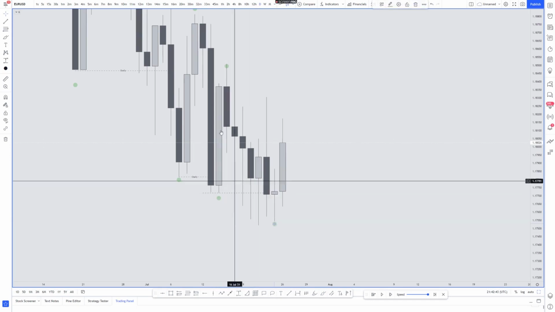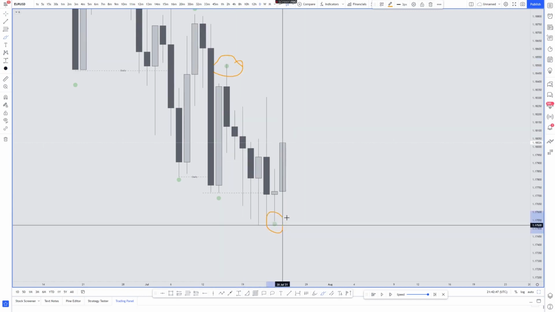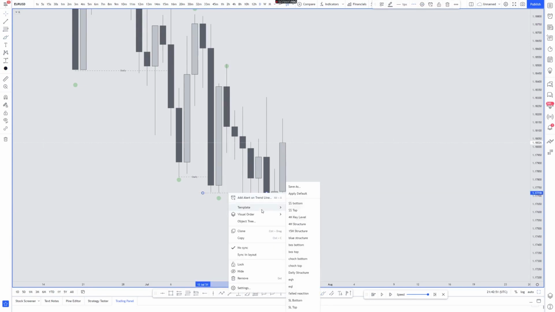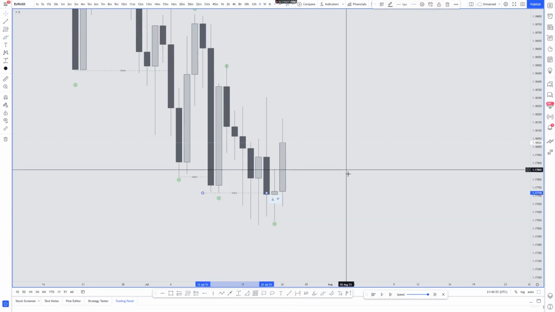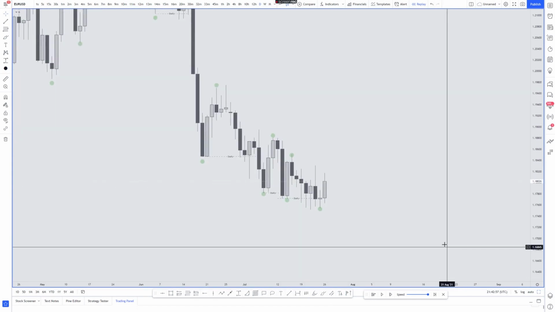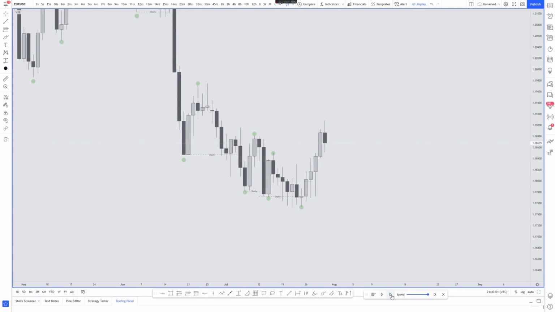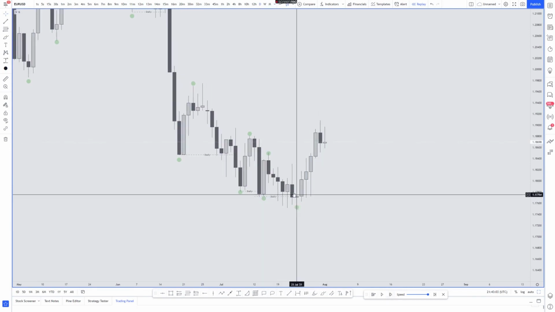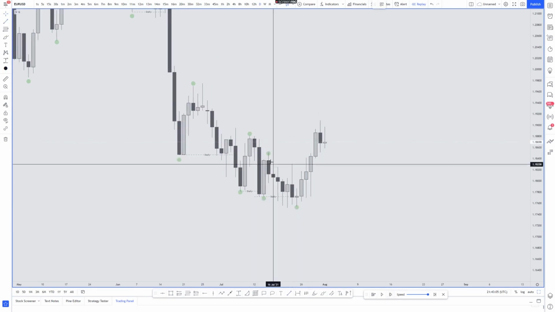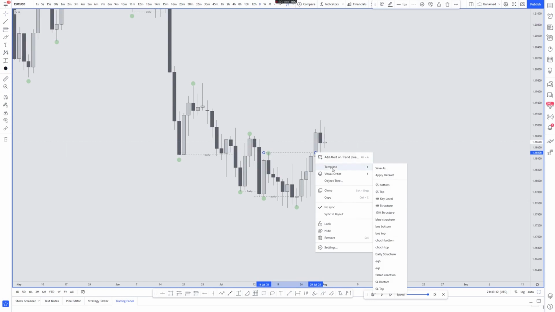So to me, it's always the highest point before the lowest point. And we'll just carry on here. So now we take this high and become bullish, unconfirmed.